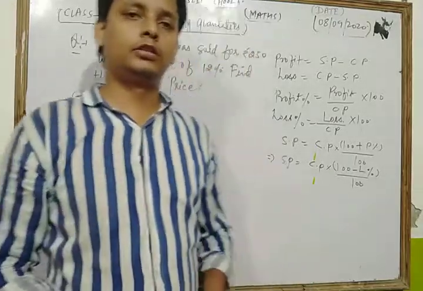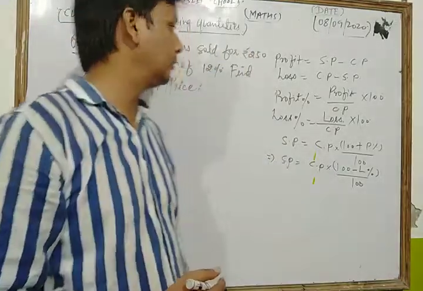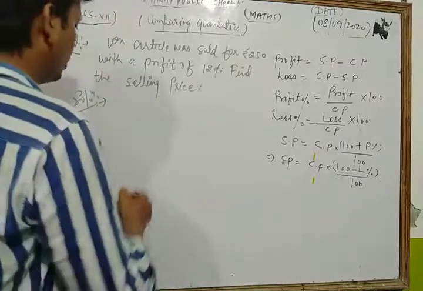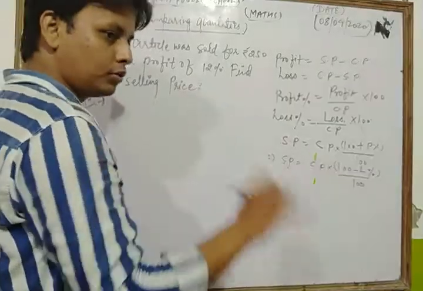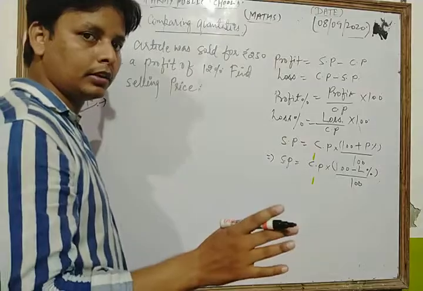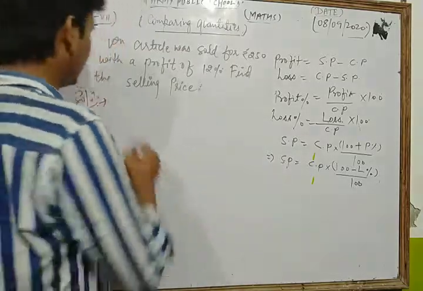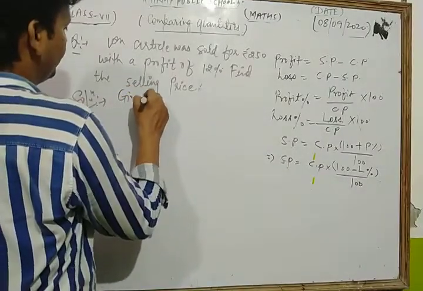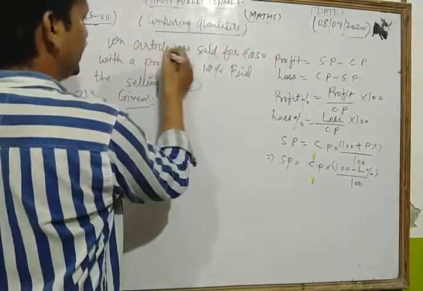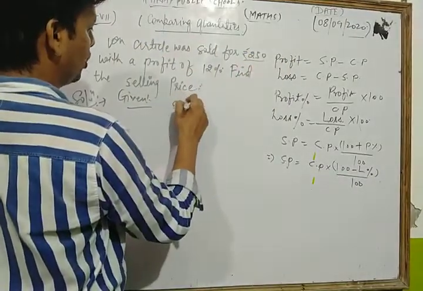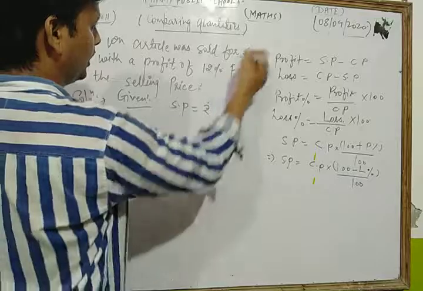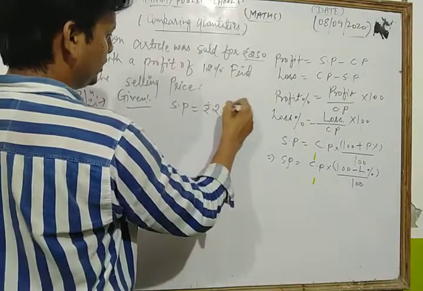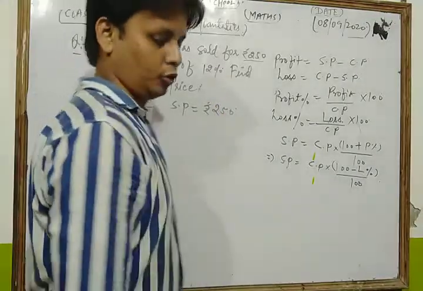Dear student, this question is also solved like its previous question. Let's see what is given. First of all, dear student, in solving any question, you first write the given. What is given in our question? An article was sold for rupees 250, meaning the selling price of that article is rupees 250.